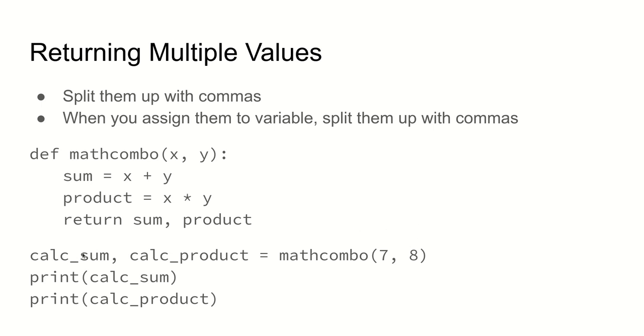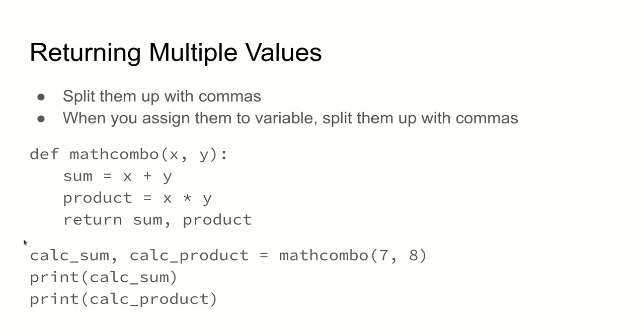And then we could do things with the sum and we could do things with the product. They are actually two separate variables in this example. And so that's kind of a neat thing that we could do. We could return multiple values from a single function. It uses this underlying idea of a tuple, which we don't have to dig too much deeper into.